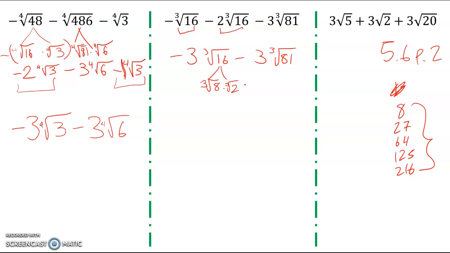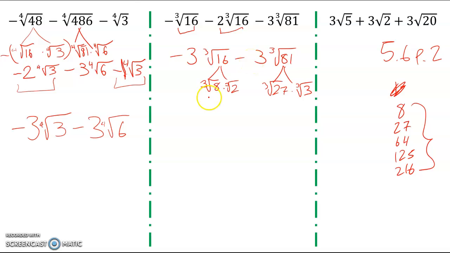I'll go ahead and do 81 here. If you check out 81 divided by 27, I just want to double check one more time, is equal to 3. So I'm going to write out the cube root of 27 times the cube root of 3.